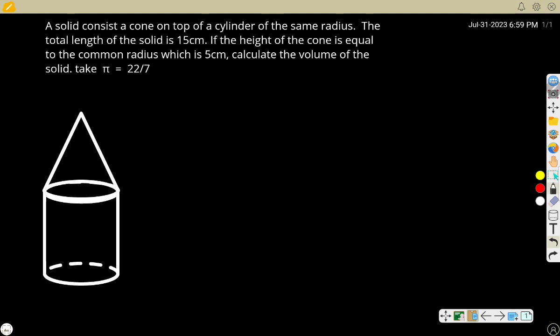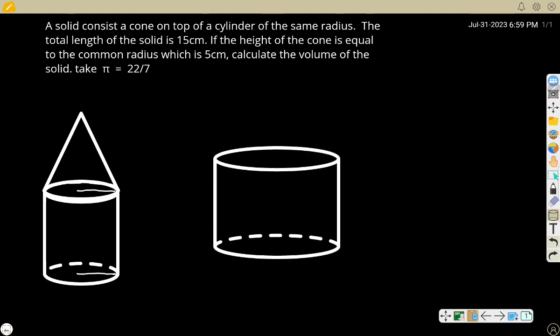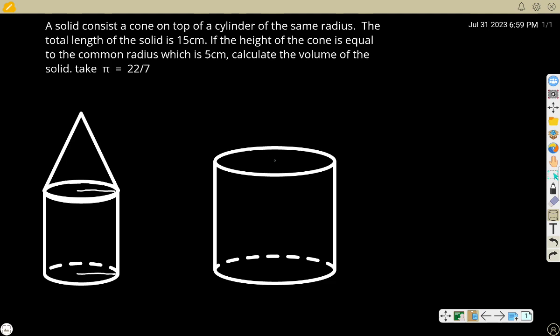A solid consists of a cone on top of a cylinder of the same radius, meaning the radius of the cone is the same as the radius of the cylinder. So they both have the same radius. According to the question, the radius is 5 centimeter.